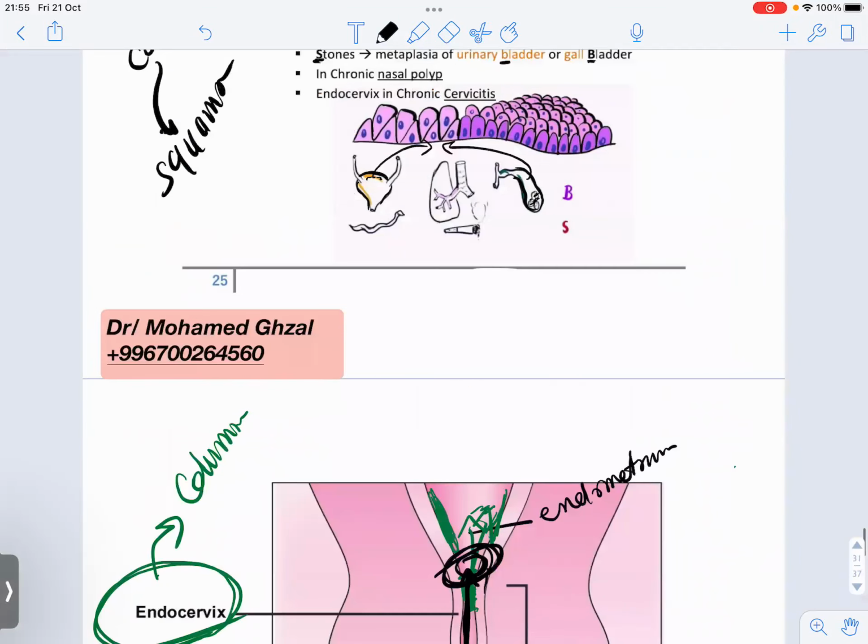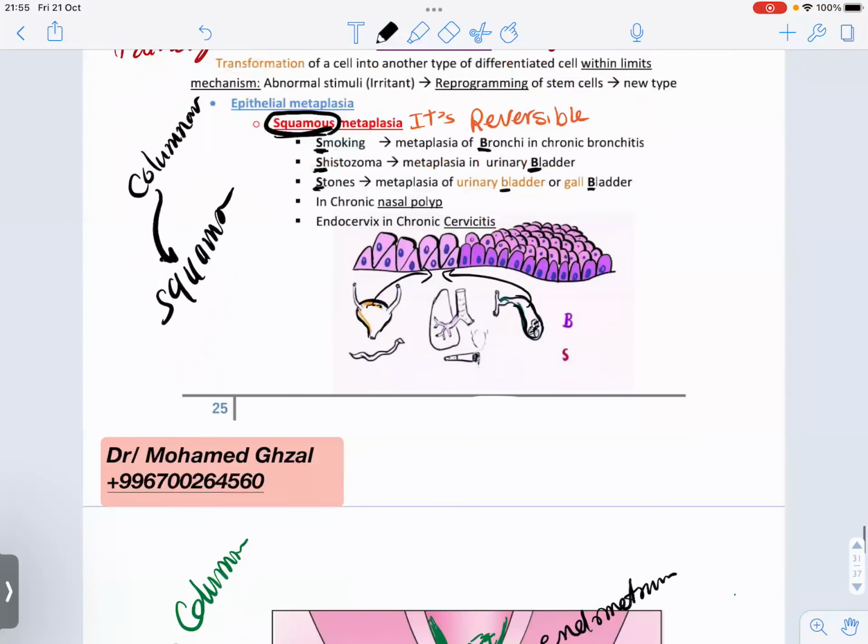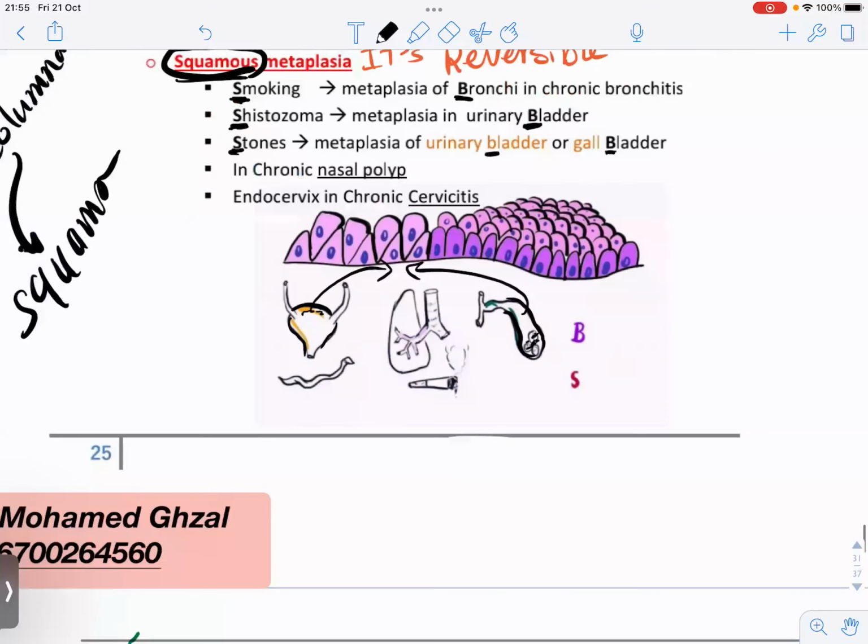So for squamous metaplasia, we have 3S with 3B. S smoking, B bronchi. S schistosoma, B bladder, urinary bladder. S stones, B bladder, gall and urinary bladder. And we have chronic nasal polyp.